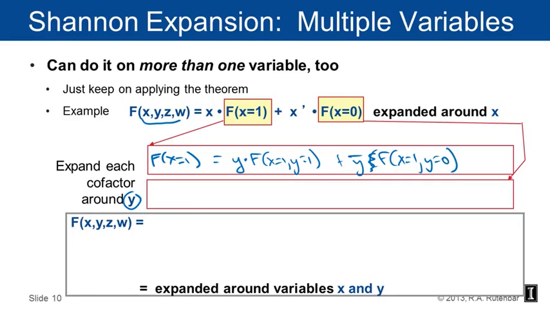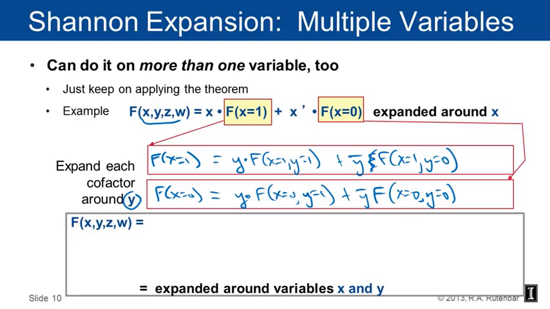And I could do the other one as well. The negative x cofactor, f of x equals 0, if I expand that around y, I'd get y and f of x stays a 0, but now y is a 1, plus y bar and f of x stays a 0, but now y is also a 0.